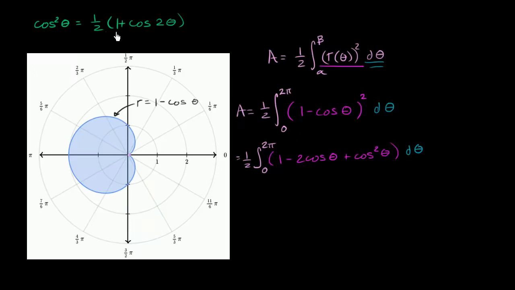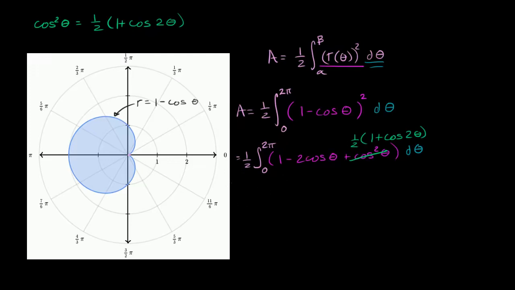And so let's do that. Let's rewrite this right over here as 1/2 times 1 plus cosine of 2 theta.